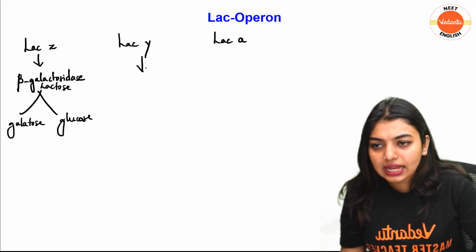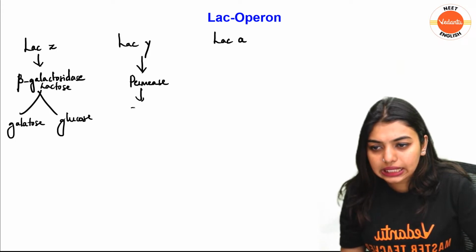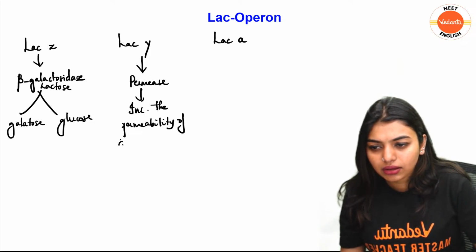And lac Y will release permease, which will increase the permeability of the cell wall of E. coli.